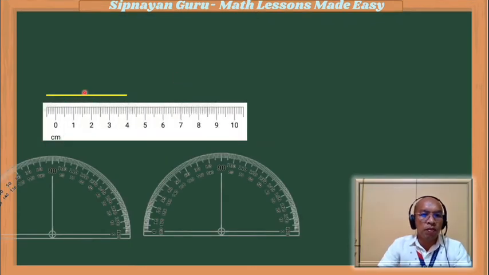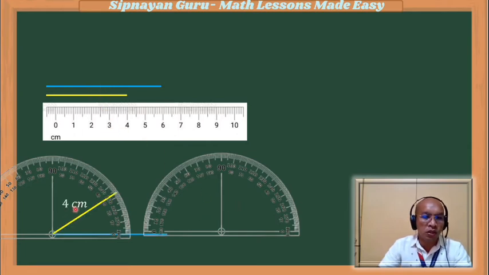Now suppose we have these lengths of the sides of a triangle. This side is 4 centimeters. This side is 6 centimeters. Now we will use the same sides in making two triangles. This is 4 and this is 6 centimeters, the same as 4 centimeters and 6 centimeters. They only differ in the angle, or the opening of their angle.